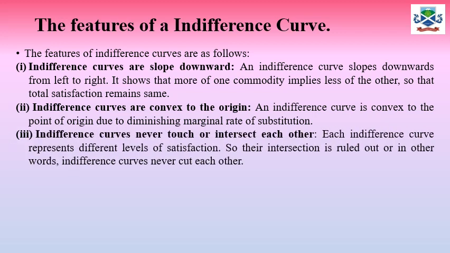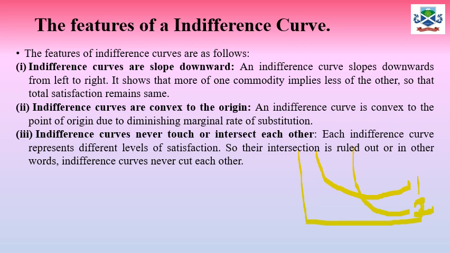Now, indifference curves never touch or intersect each other, which is very important. Like I am drawing over here, these two: if this is IC2 and this is IC1, these two will not intersect each other, because the indifference map shows that higher and higher indifference curves give higher and higher levels of satisfaction.